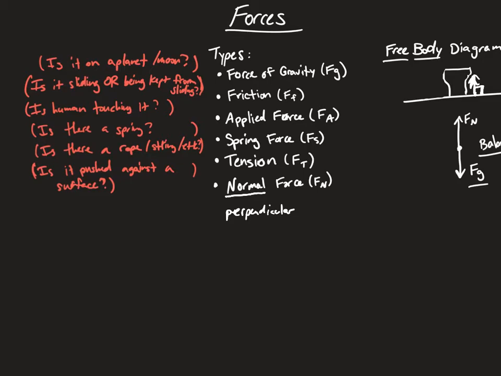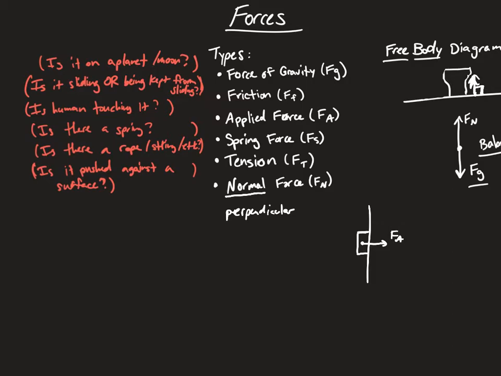Well, what if I'm pushing a book against the wall? So I push the book into the wall with an applied force. For that book to stay at rest, the forces need to be balanced. I can't just have the applied force and nothing else.